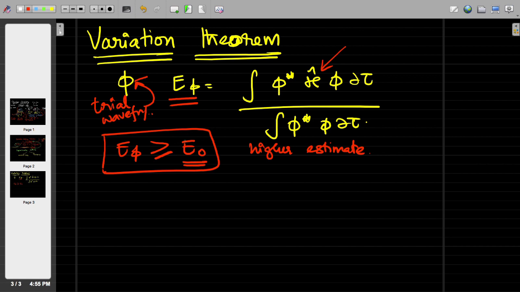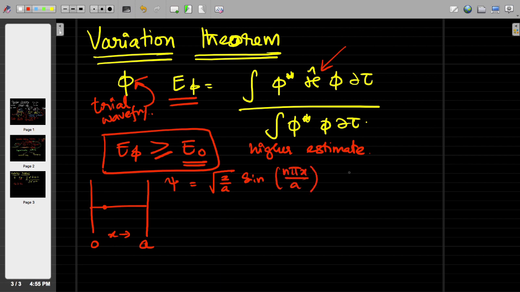Let's take a simple example and try to understand what we are trying to pick up from this. So let's go back to the problem that we understood very well earlier on. We were looking at a particle in a one-dimensional box. In here, we were able to say psi was given as square root of 2 by a times sine of n pi x by a, where x goes between 0 and a.